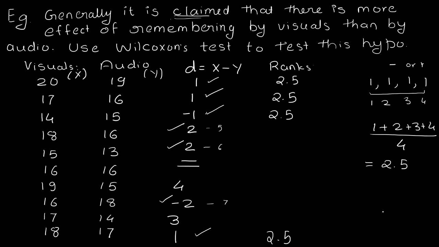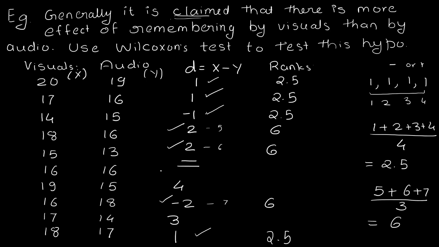When there is a tie, we take the average of them. So 5 plus 6 plus 7 divided by how many repetitions? 3. So 5 plus 6 plus 7 comes out to be 18, divided by 3, that is 6. So these ranks will be 6, 6, and this one will also have 6.